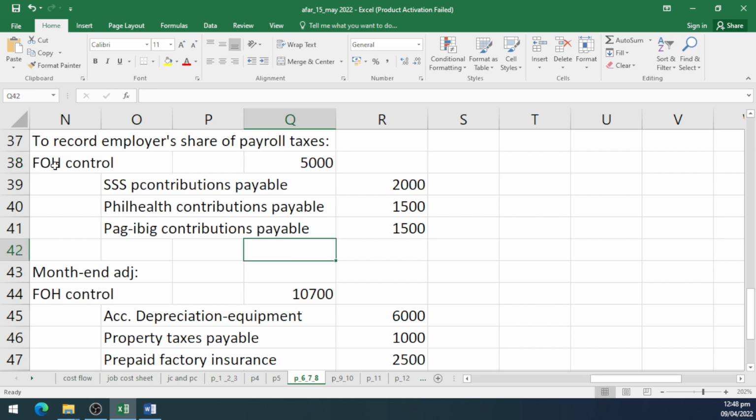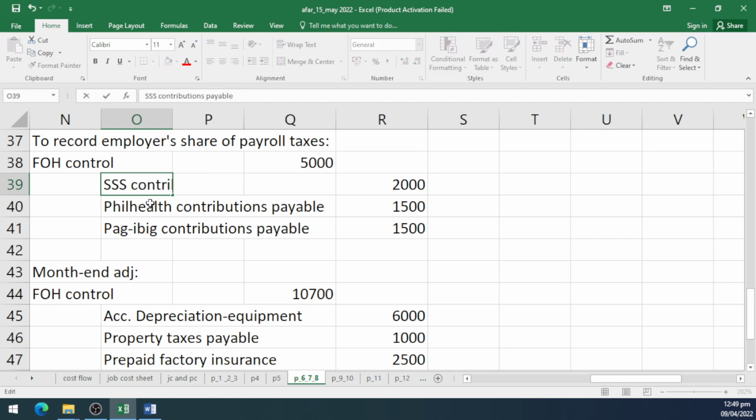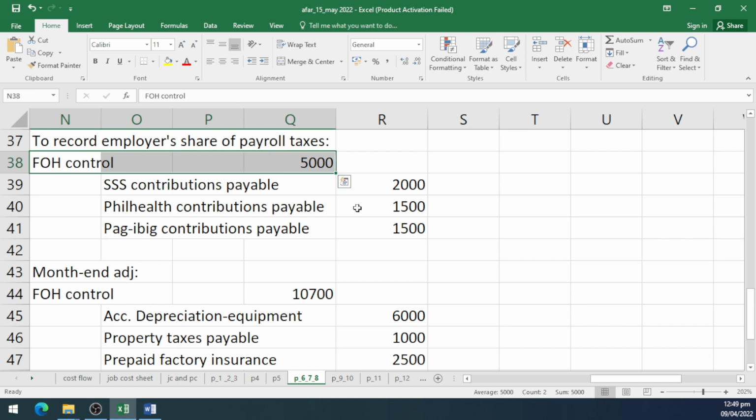Okay? So, factory overhead control, 5,000, credit to SSS contributions payable, PhilHealth contributions, Pag-ibig contributions. Ayan. Ito ang importante. Dapat alam ninyo na naka-charge yan dyan sa factory overhead control.